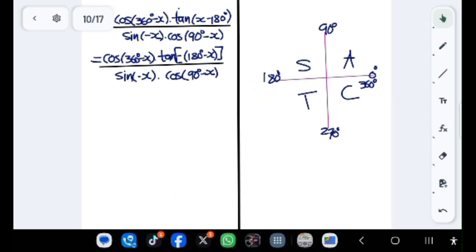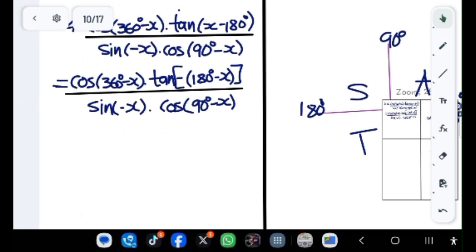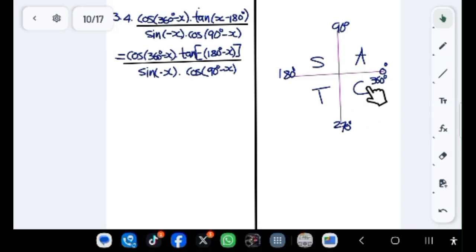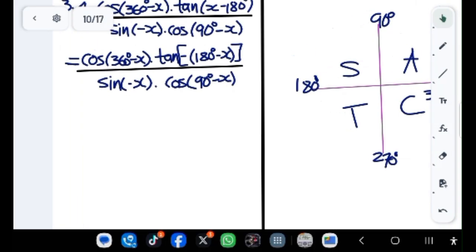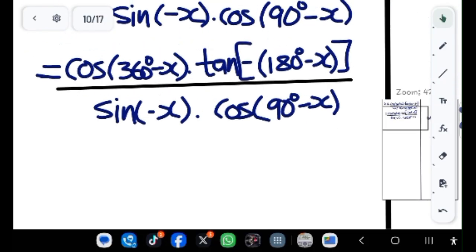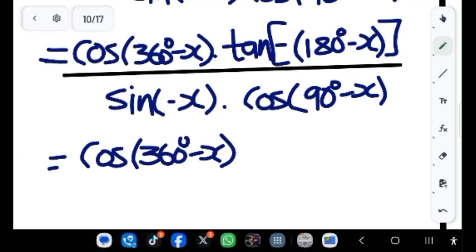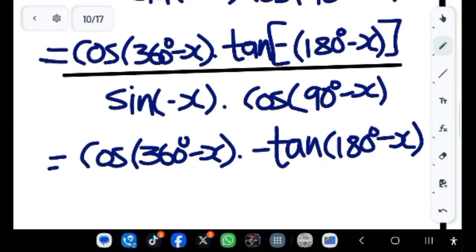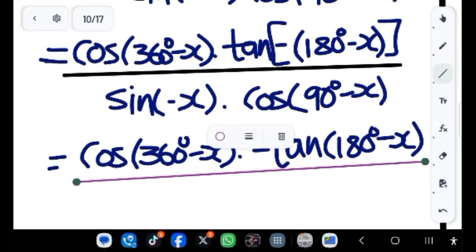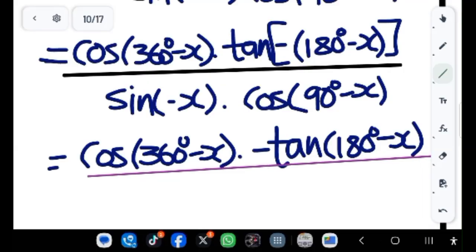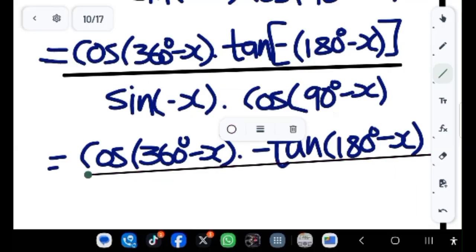Now that we've got this CAST diagram set up, tan of any negative angle will basically land us in the fourth quadrant, which is a quadrant where tan is negative, so that will be negative tan of 180 minus x. You don't have to do it the way I am doing this. I just want to show you every step of the way what happens.